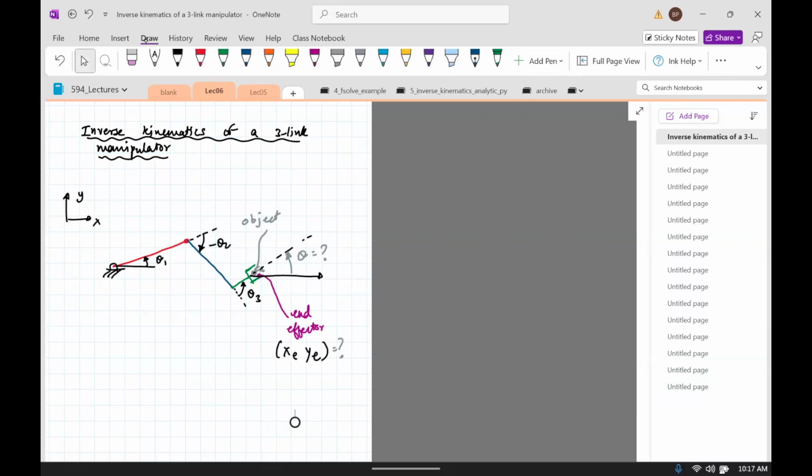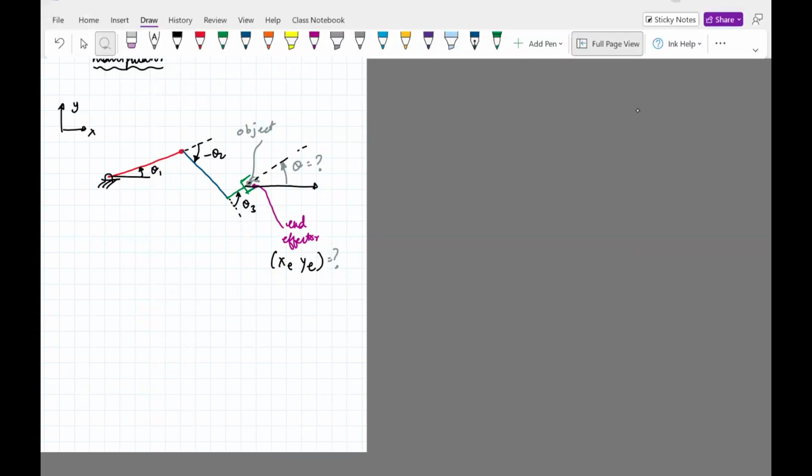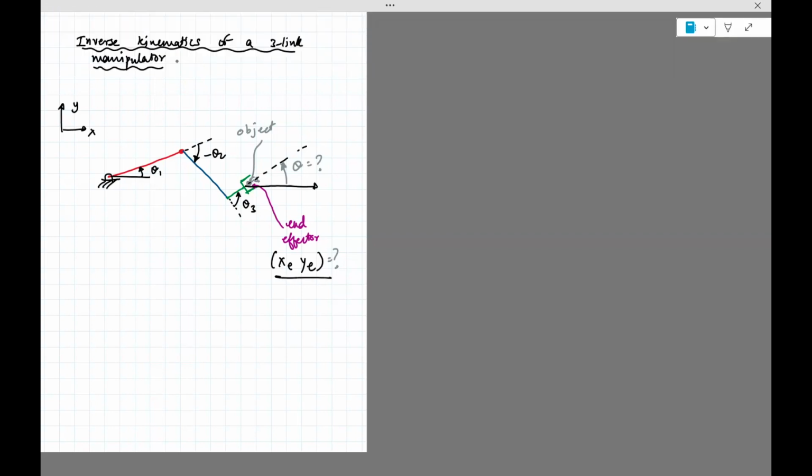Okay, so when I drew this figure, I said, given the angles theta 1, theta 2, theta 3, compute x_e, y_e, right? That is the forward kinematics problem. Here we are not doing this. Here, x_e, y_e should be x reference, y reference.